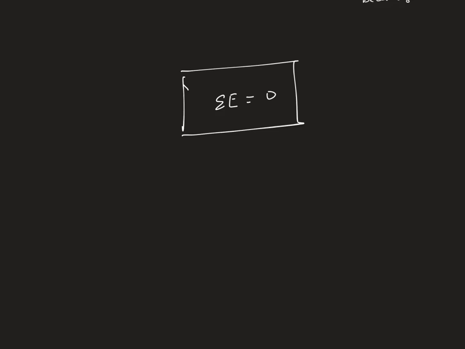Let me draw it again for you. This is the original field, and this is the induced field, and only inside the conductor, just inside the conductor, E induced plus E original equals 0, and the net field becomes equal to 0.